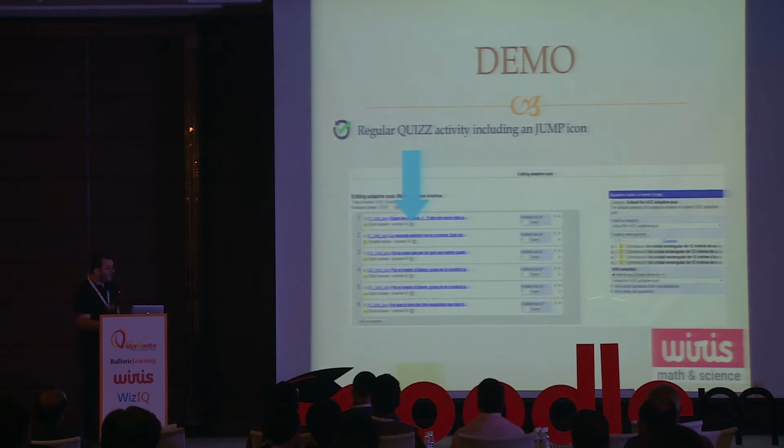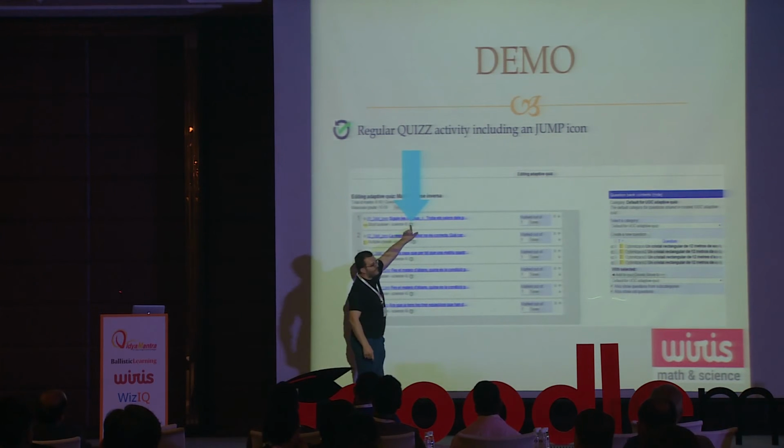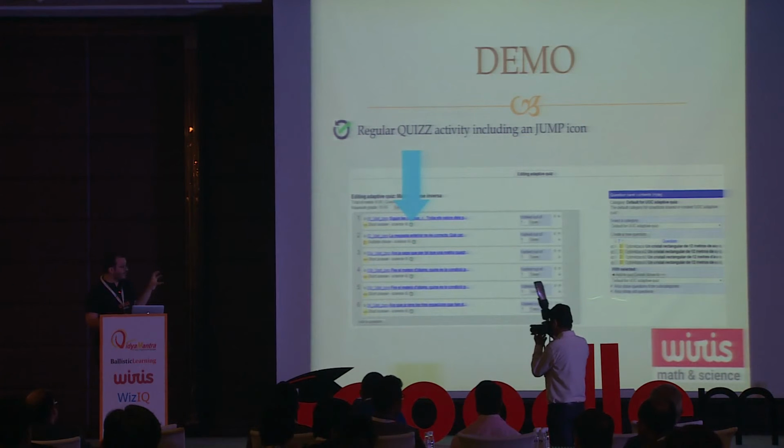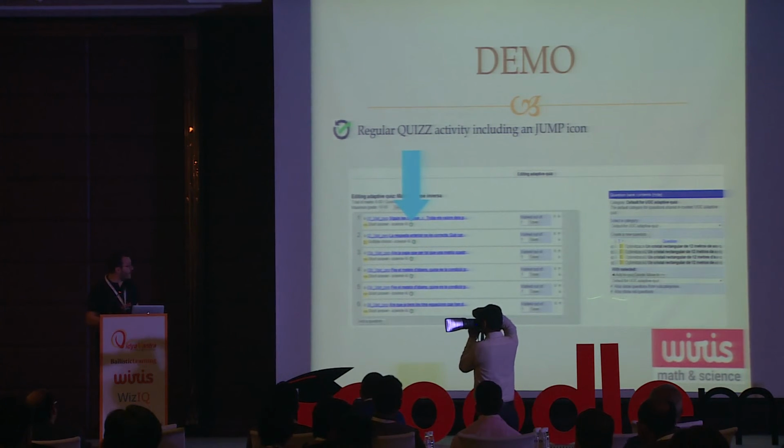Here is the system. It's a little bit hard to see, but I'll move away from the microphone for a second. From the end of the room, it may look like a regular quiz in Moodle, but there's only one difference, and it's not minor. So that little icon opens the door to the jump control, let's say. Okay?